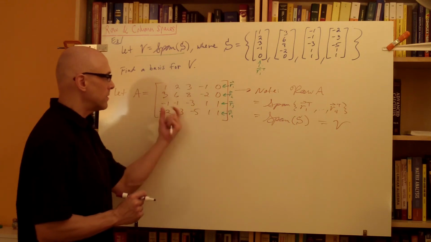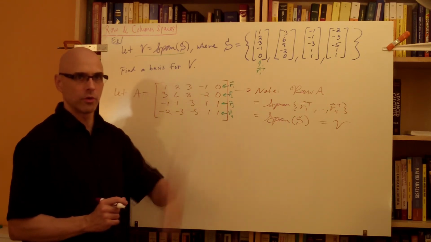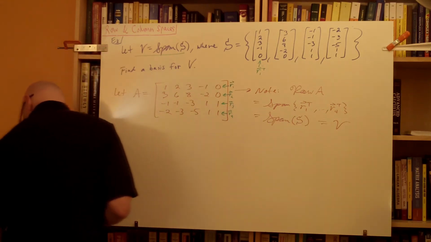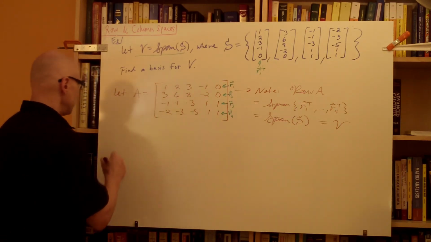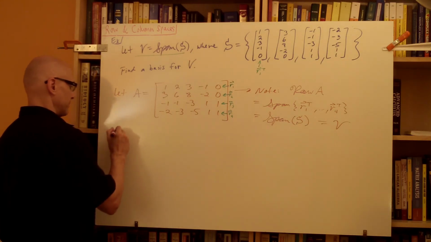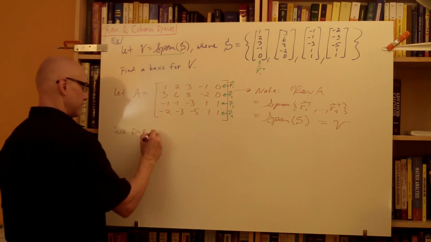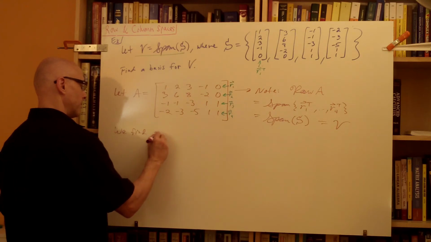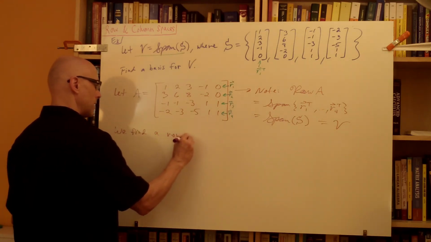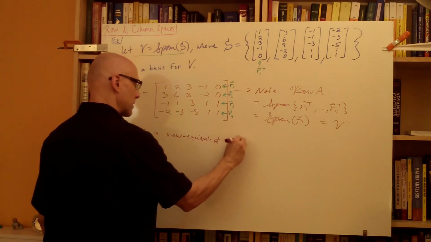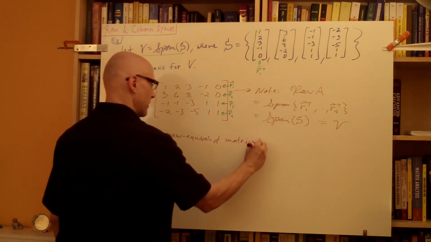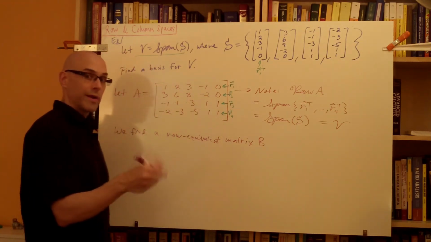So we would do Gaussian elimination on this. We find a row equivalent matrix B that is in row echelon form.